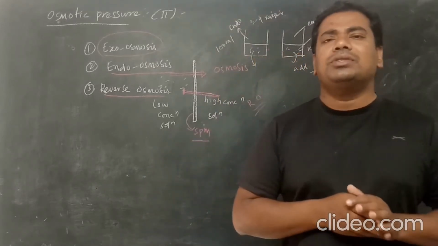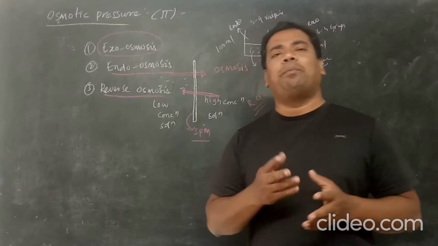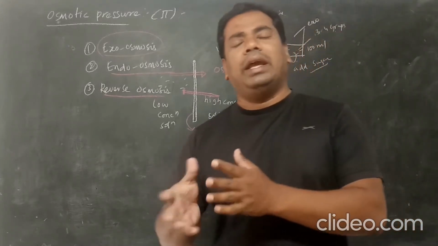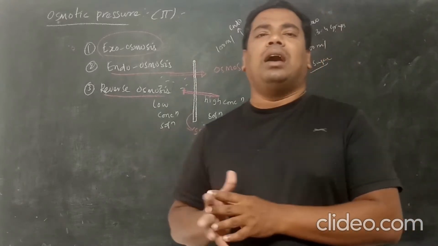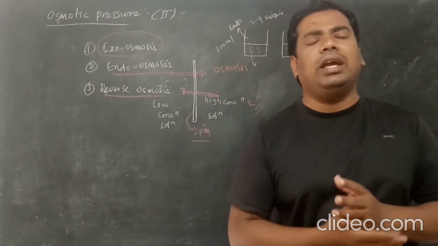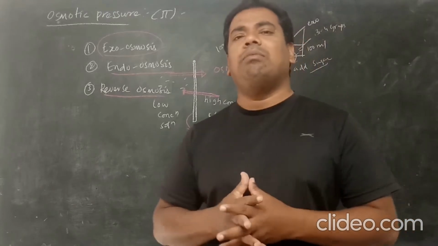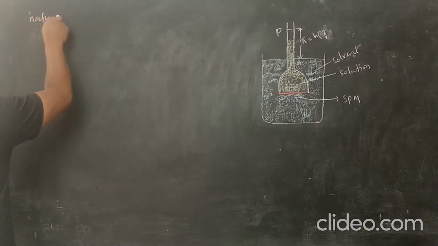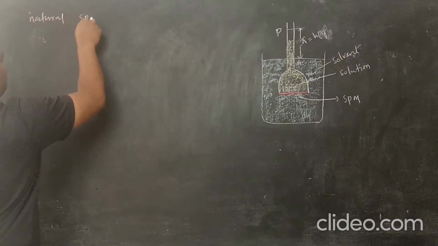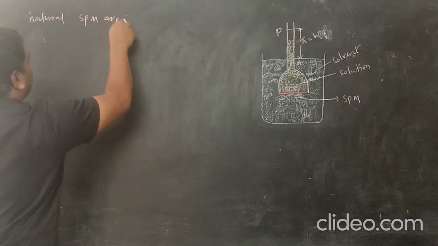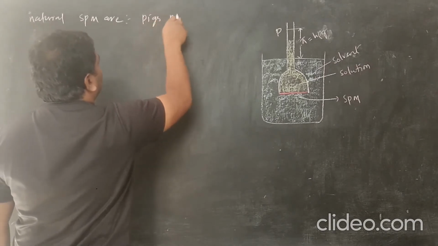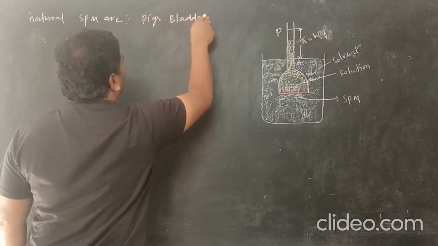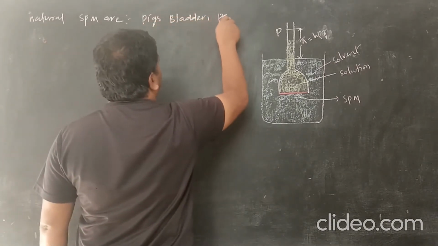These membranes are prepared from naturally available materials, and we can also prepare them artificially. The natural semi-permeable membranes are pig's bladder and parchment paper.